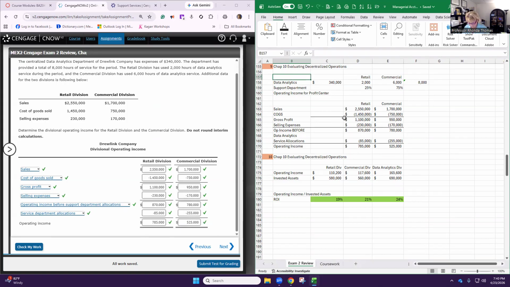I think it makes sense. If this is the total expenses of data, and they had their support for 6,000 of the 8,000 hours, then yeah, they need to shoulder that.